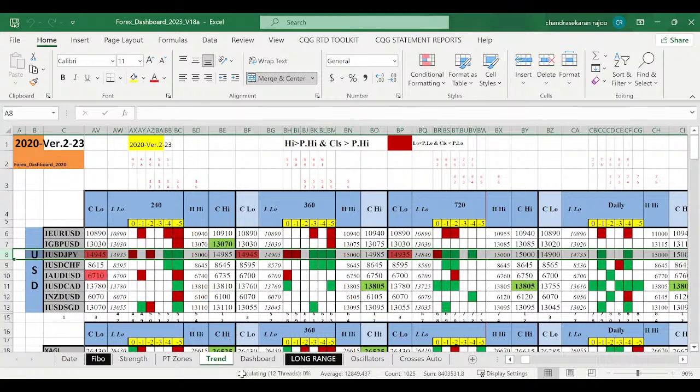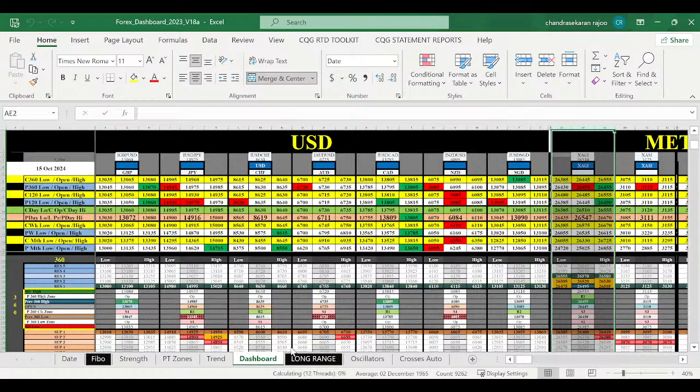Also we see whether that 4915, the previous day low is 4900. So today is 4905. So I think it should be okay.